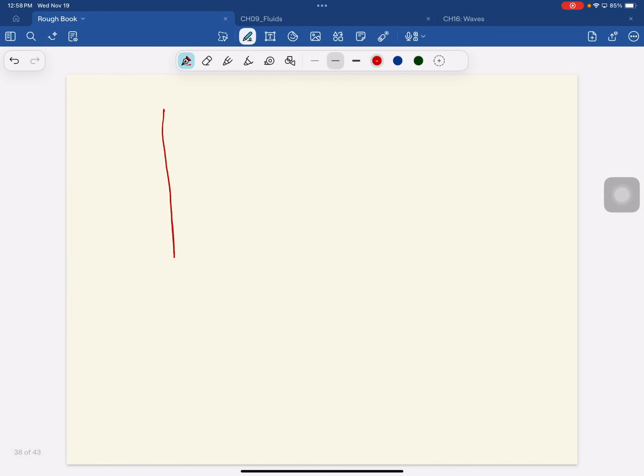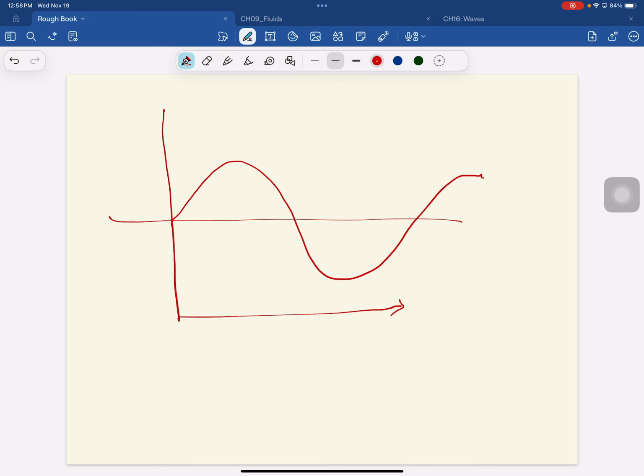If the wavelength is lambda and the amplitude is 1, this is sine 2 pi x over lambda.